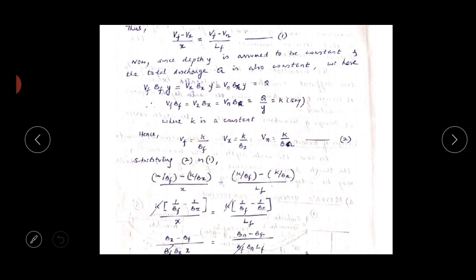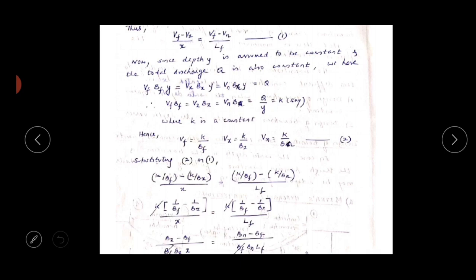So here you can see (Vf − Vx)/x is equal to (Vf − Vn)/Lf. We'll consider that one as equation 1. Now here the depth, what we are going to assume is y, and it is to be constant because the water is being constant.